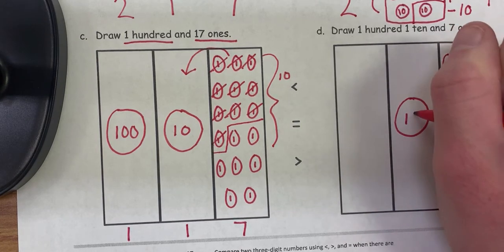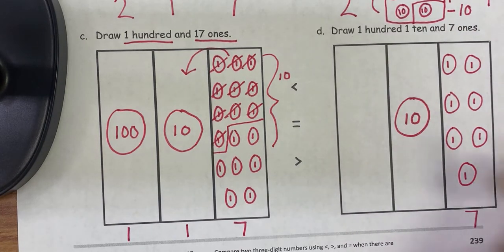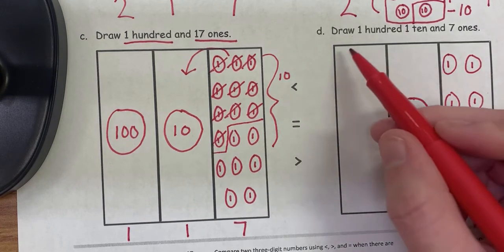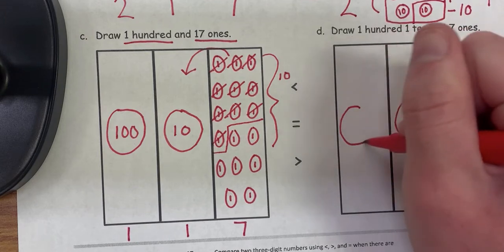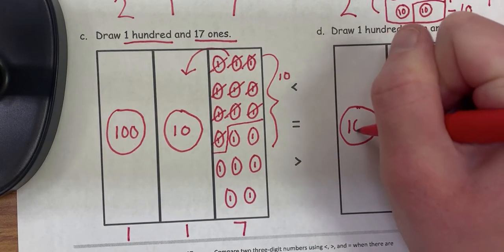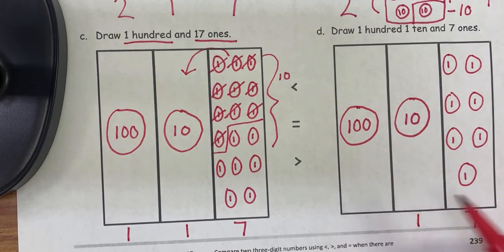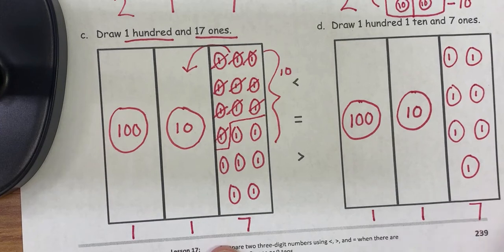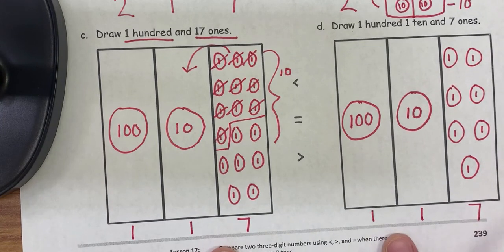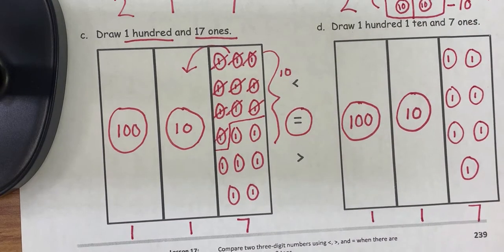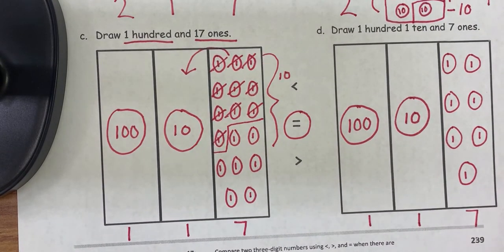So again, we're going to draw one circle with 10. So we would put 1 down here and then draw 100. And so we have 100 in our hundreds place. So we have 117 and a 117. So again, both of these are going to equal each other. And that is our worksheet today for our lesson.